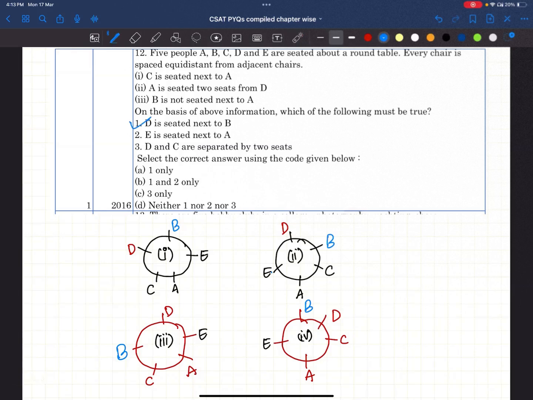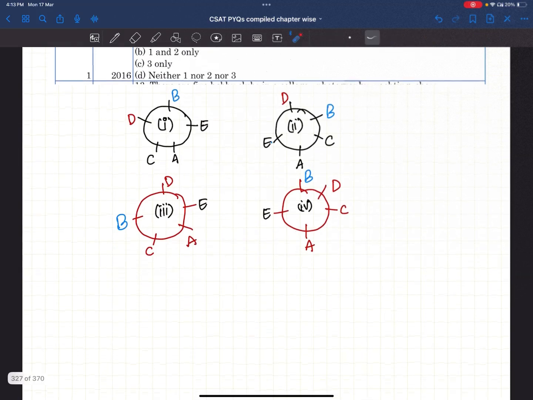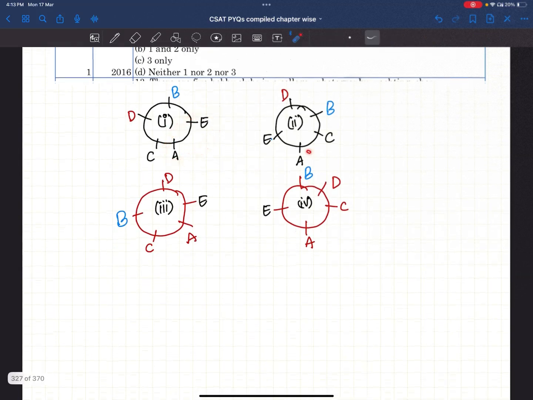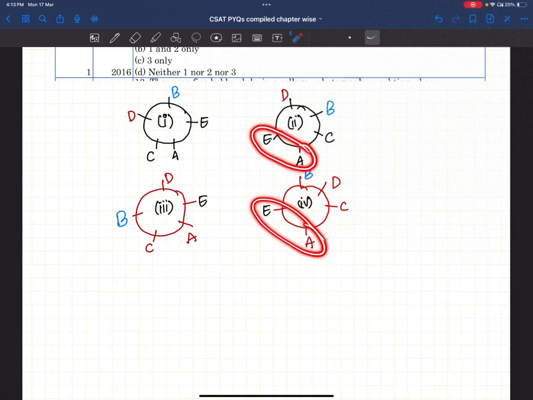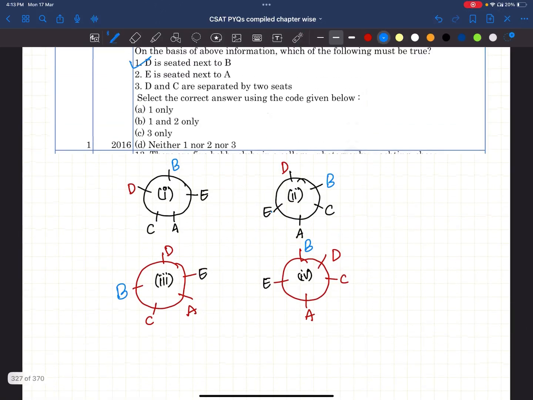Now, E is seated next to A. A, E, A, E, A, E, A, E. That means this statement is also correct. D and C are separated by 2 seats. Only in the first solution are D and C separated by 1 seat.